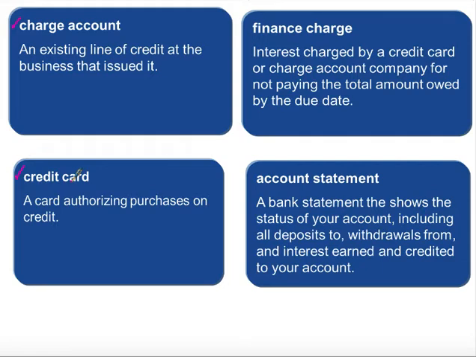You can use those at the gas station, to make online purchases, and at the grocery store. It's a card that's authorizing purchases on credit. So you can purchase on that line of credit, and then you pay back your amount at the end of the month to that specific bank.